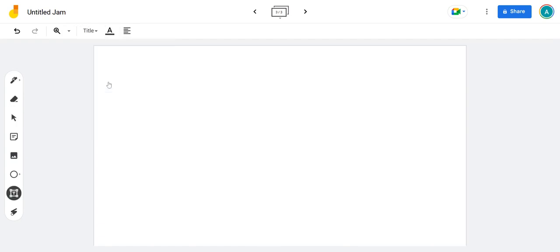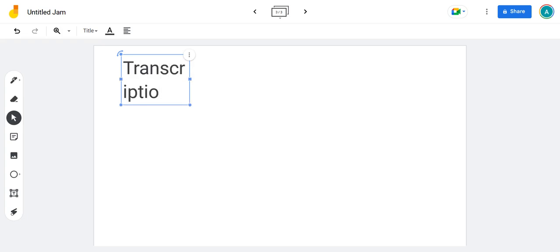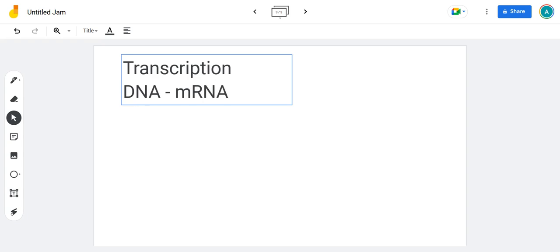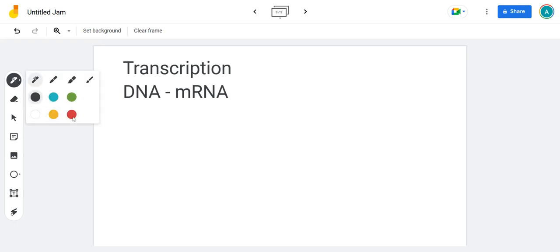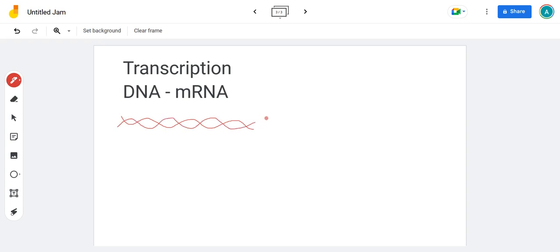So let's have a look at transcription in more detail. Transcription is the process where we're going from DNA to mRNA. So how do we use DNA to make mRNA? First of all, our DNA is double-stranded, isn't it? So here's our DNA molecule, our double helix structure.